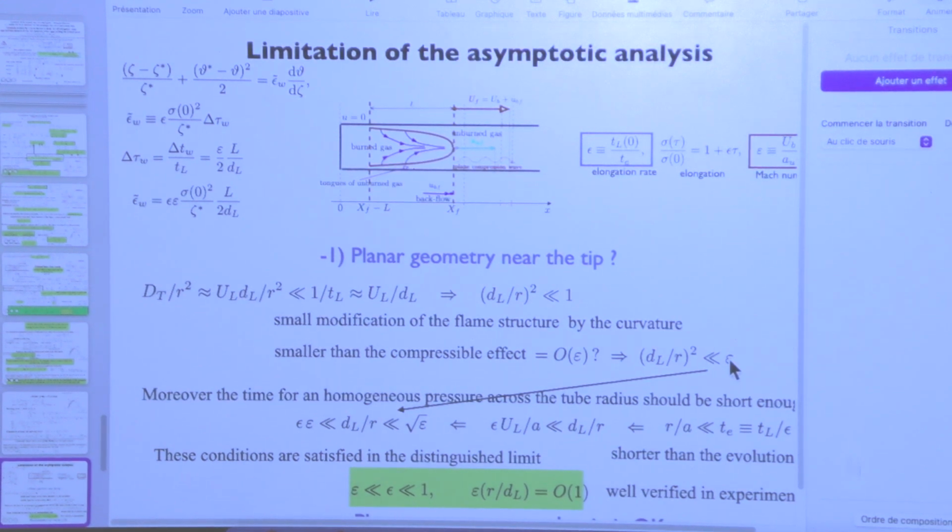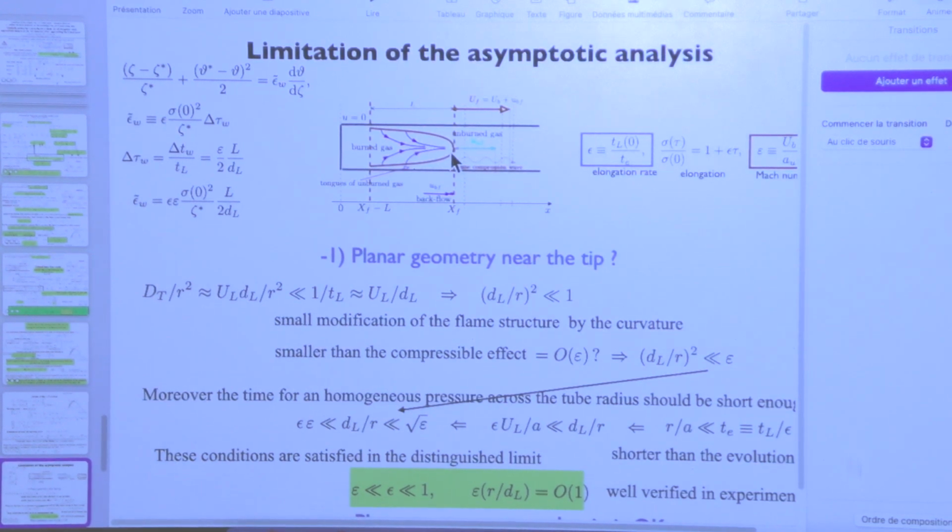The Mach number, I remind you, is the Mach number of the laminar flame, which is the laminar flame velocity divided by the sound speed, which is always small, something like 10 to the minus 2. But once again, be careful to distinguish clearly the laminar Mach number from the Mach number based on the flame propagation. Why? Because you have this backflow here behind, which is increasing strongly.